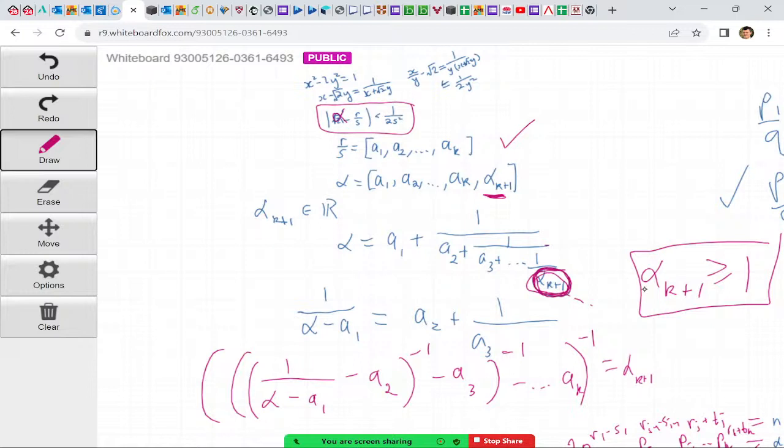If it's 0, you divide by 0. It can't be like 0.3 even. The way continued fractions work is the fraction part is always going to be greater than or equal to 1, right? Yeah, because you're flipping it. If it's less than 1, then you flip it. So therefore, this is unique. So if we can show alpha k plus 1 is greater than or equal to 1, then we're done, right?